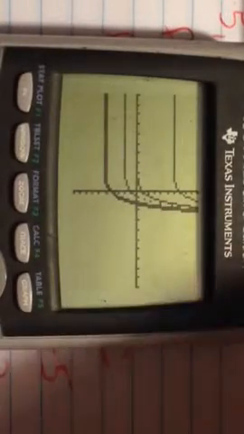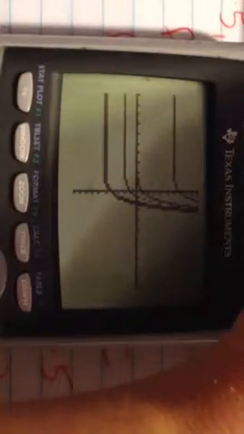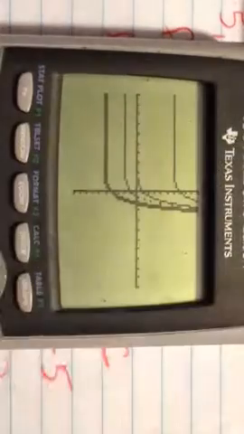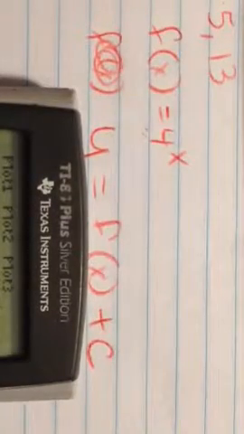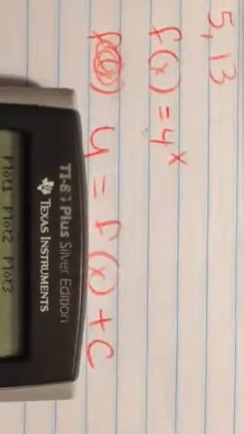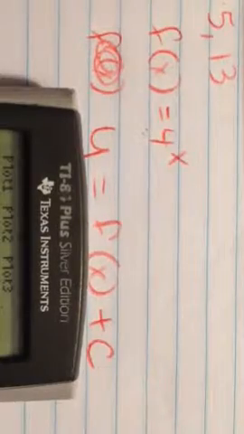Let's get rid of these. Instead of changing the constant, let's change the exponent.